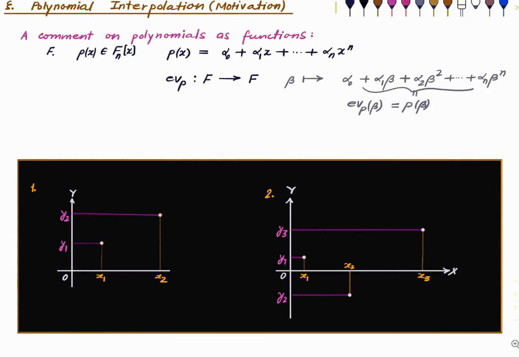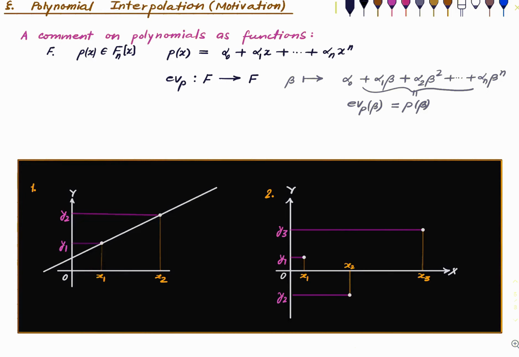In fact, it could also be constant if y1 were equal to y2, in which case it would be a degree 0 polynomial. So you can do with degree at most 1 when you have only 2 points to fit. Maybe it's a good idea to draw. So this is a polynomial that fits the data.